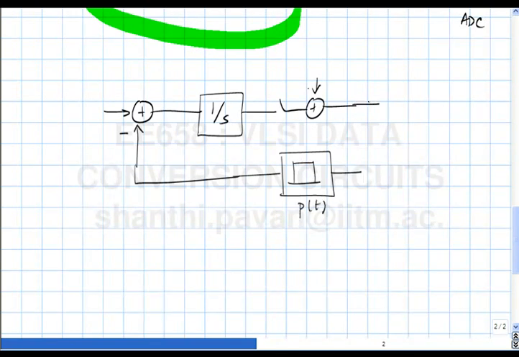We considered the NRZ and the RZ pulses. For this particular case of a first order modulator, we found that whether you use an NRZ pulse or a return to zero pulse, the noise transfer function remains the same.